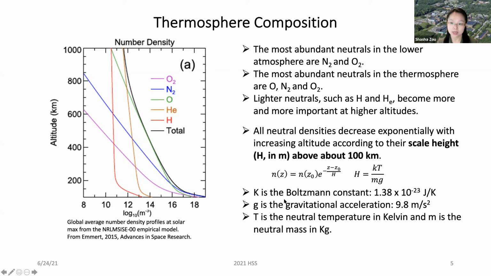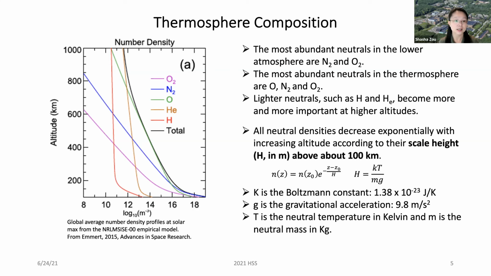Here, another thing I want to emphasize is that below about 100 kilometers, which is usually what we call the turbopause, all of those different constituents within the neutral atmosphere are very well mixed with each other. So when they move to higher altitudes, their density decreases almost following the same rule.